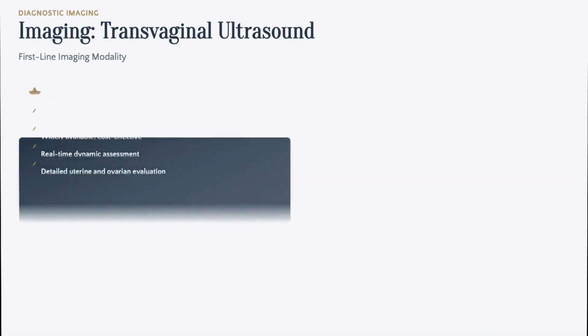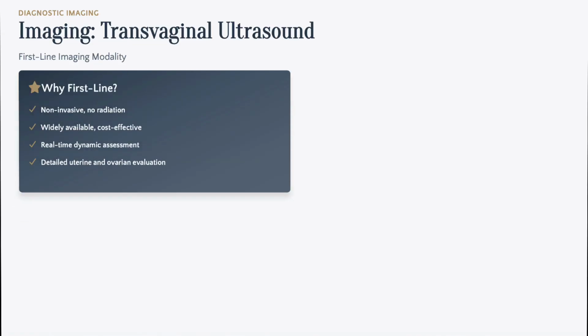What about imaging? Transvaginal ultrasound is our first-line imaging modality for evaluating abnormal uterine bleeding, and for good reason. Why is it the first line? Because it is non-invasive, widely available, and cost-effective, and with real-time dynamic assessment you see what is going on, and detailed uterine and ovarian evaluation is done at the same time.